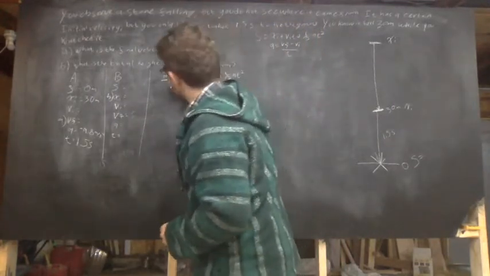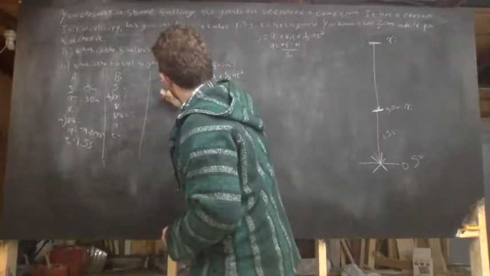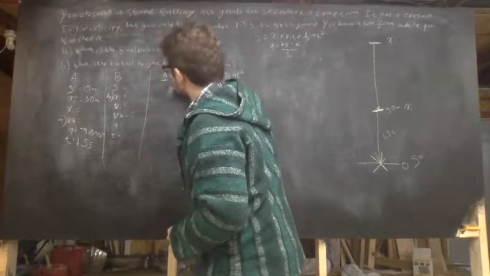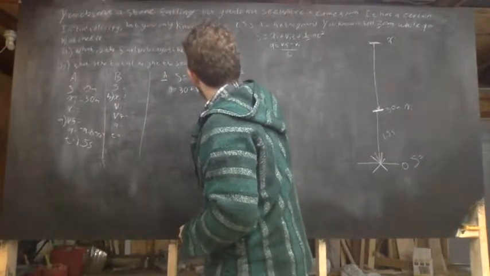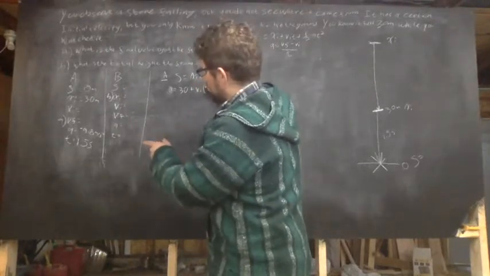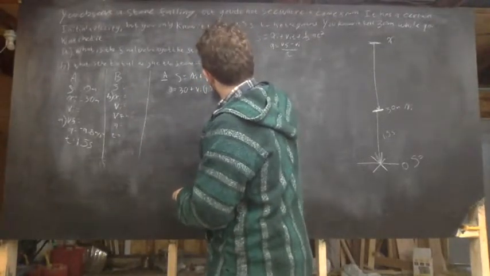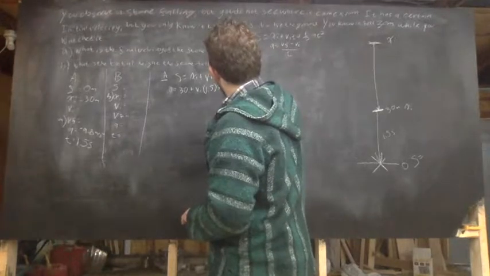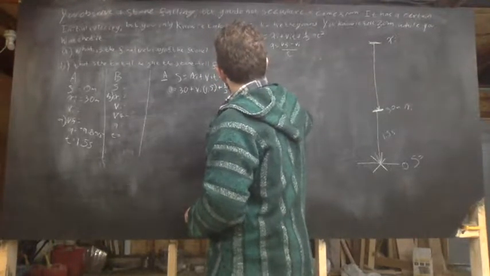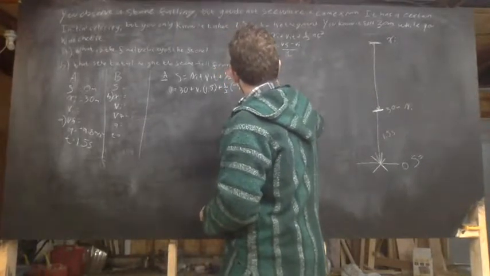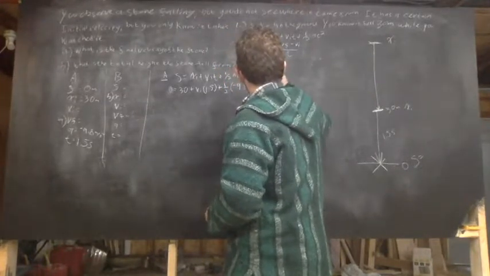So S is 0 equals 30 plus VI times 1.5 plus 1/2 times negative 9.8 times 1.5 squared.